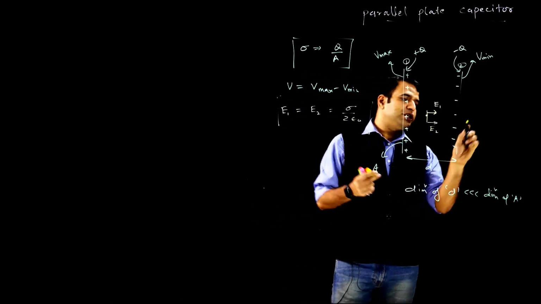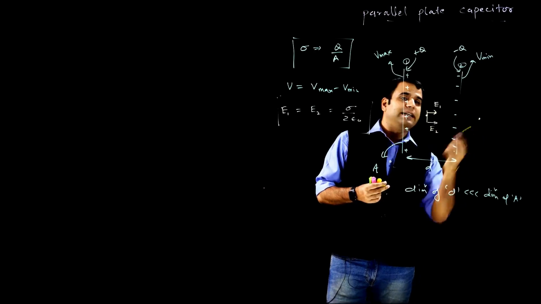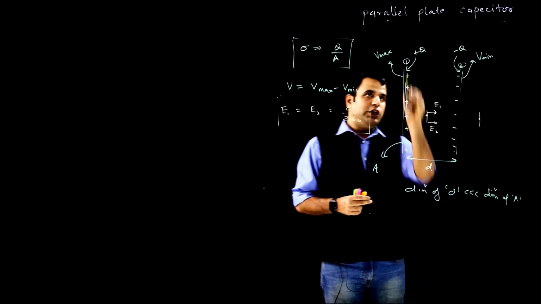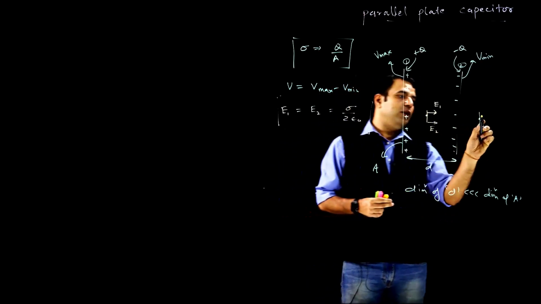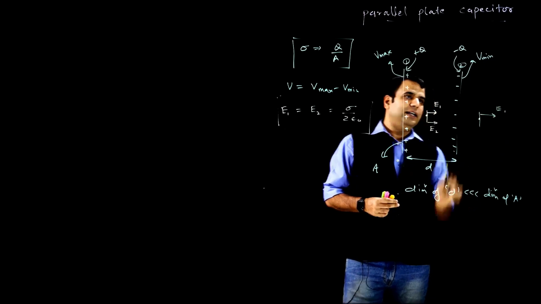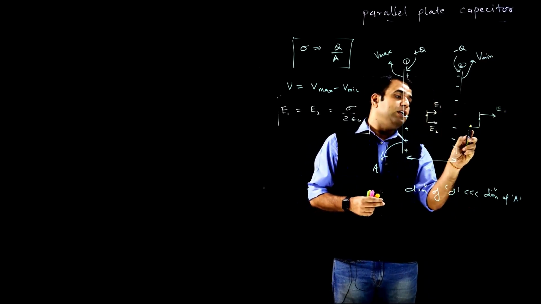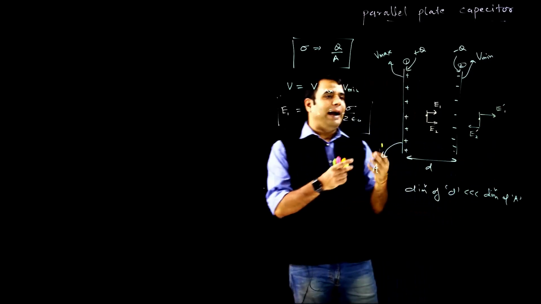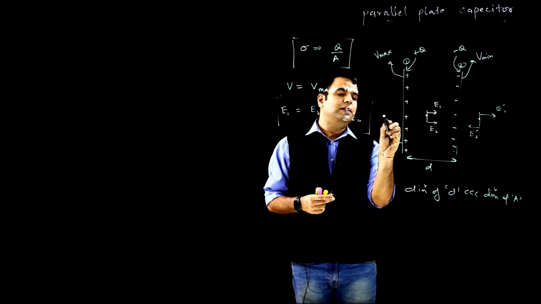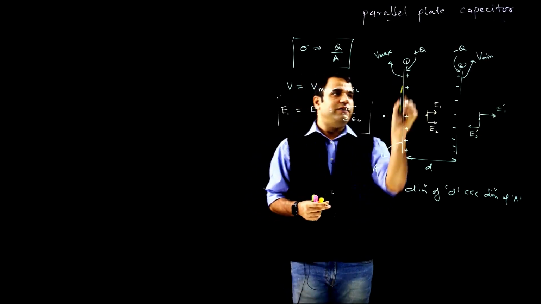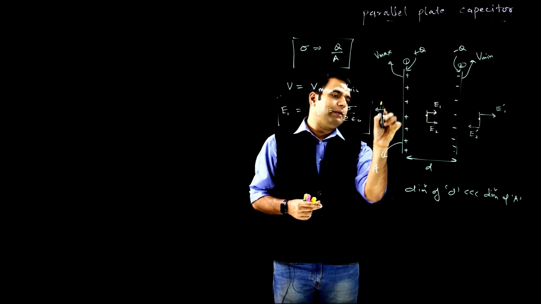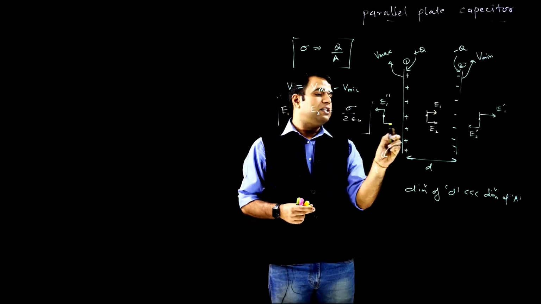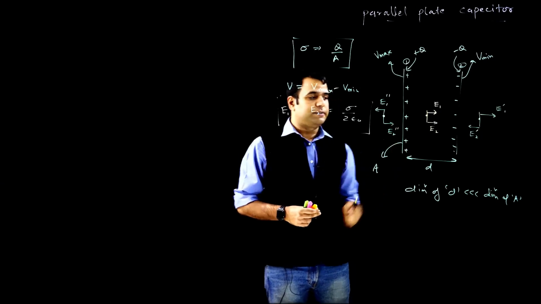Just to check, I want to calculate the field outside the plates as well. At this point, due to the positive charge, the field will be away from the positive charge, and due to the negative charge, the field will be towards the negative charge, E2. I'm calling it dash, because obviously the magnitude will differ a little bit. Similarly, on this side, the field due to 1 will be away from the positive charge, E1 double dash I'm calling, and the field due to the negative charge will be towards the negative charge.